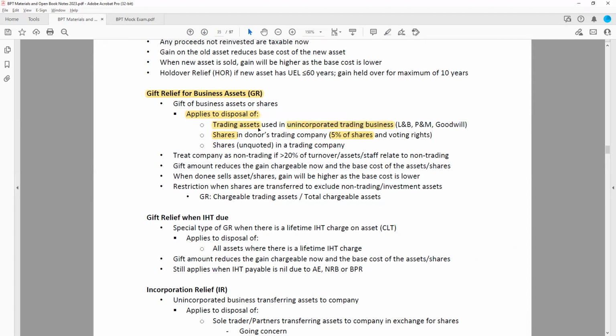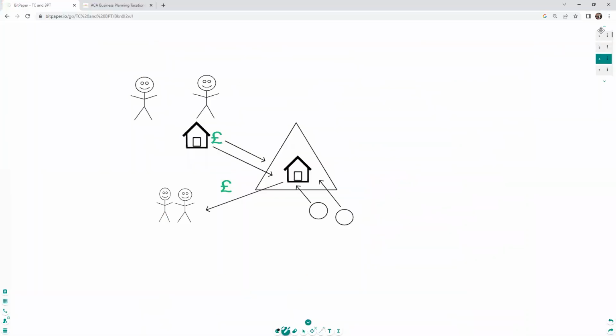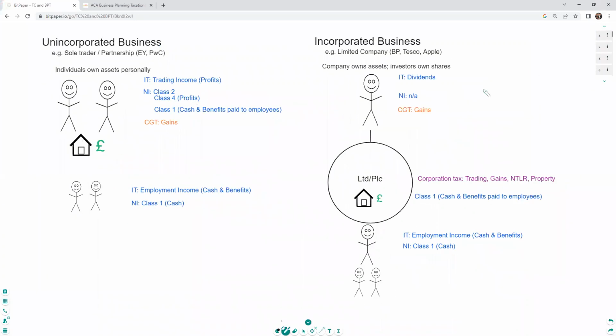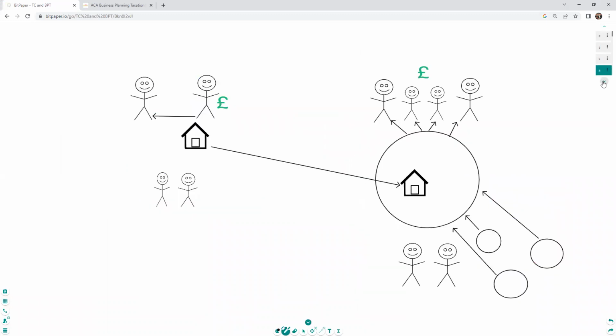So whether they've set their business up as an unincorporated business or as an incorporated business, relief is available when they dispose. If it's an unincorporated business, they obviously own the assets, and if it's an incorporated business, they own the shares. BADR and gift relief both apply in those circumstances.